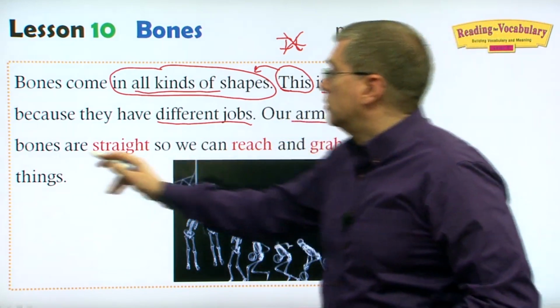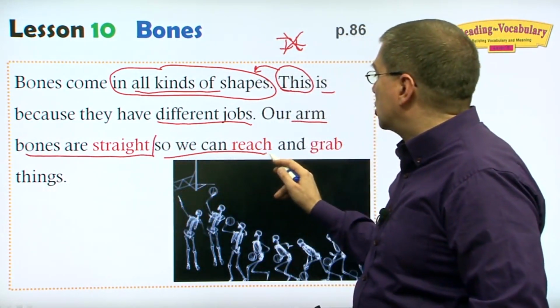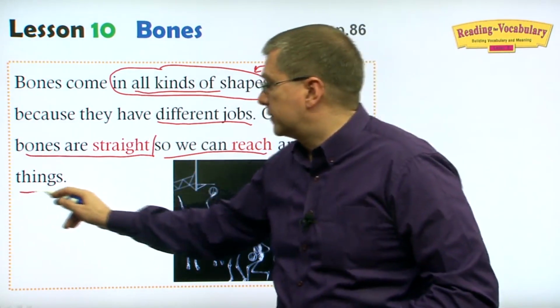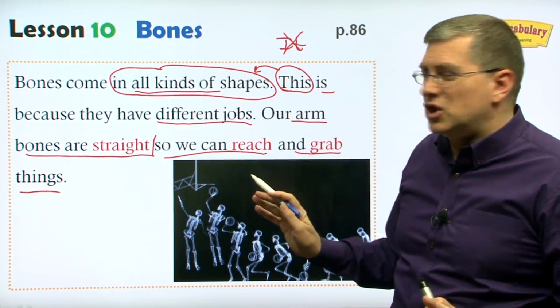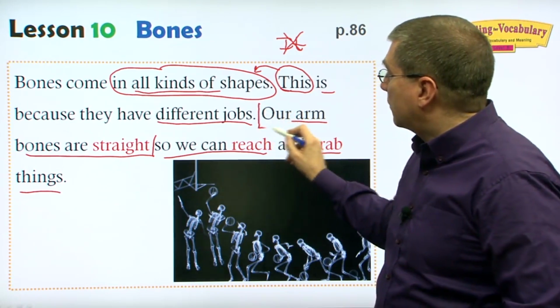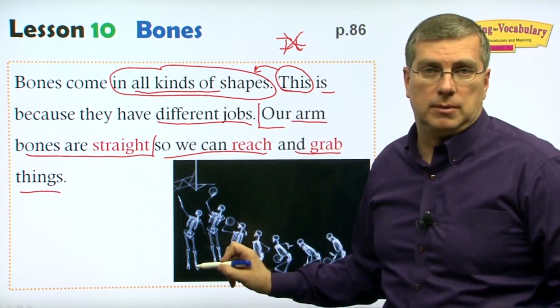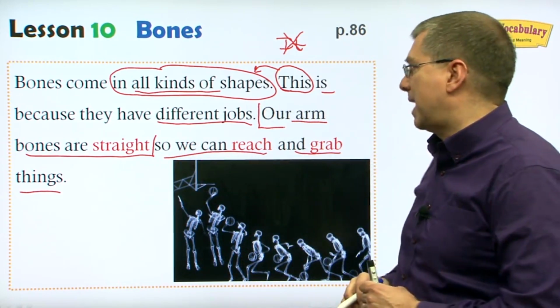Our arm bones are straight, so we can reach and grab things. Okay? So this says they come in all different kinds of shapes. This one says why, and starting from here is an example. Okay, so that's the structure of this part of the reading passage.